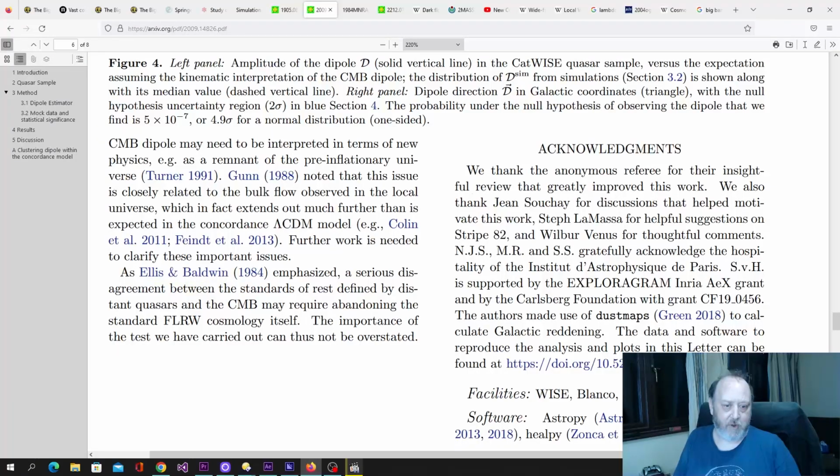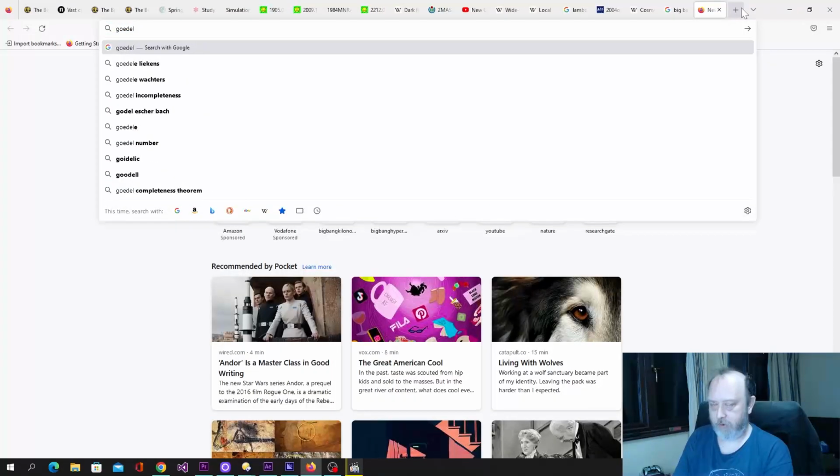As Ellis and Baldwin emphasized, a serious disagreement between the standards of rest defined by distant quasars and the CMB may require abandoning the standard FLRW cosmology itself. Yes, it should be Gödel, the Gödel metric, which accounts for rotation.